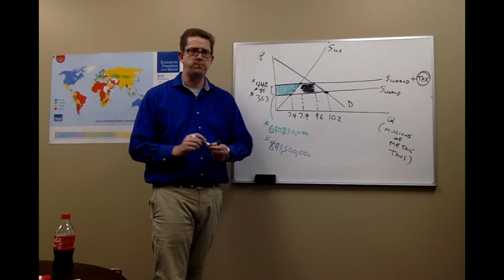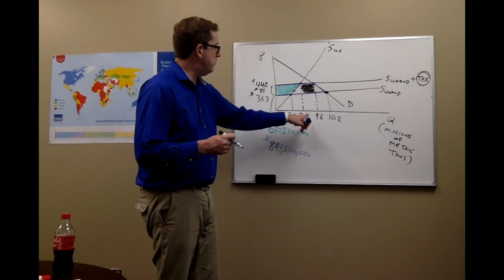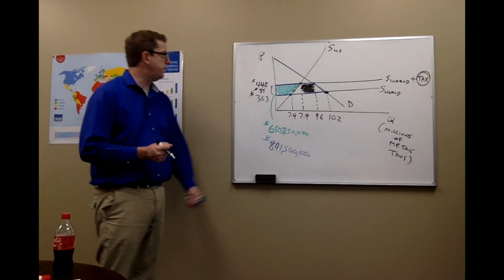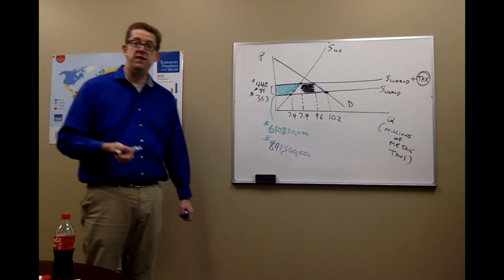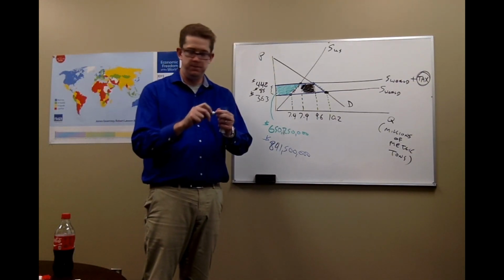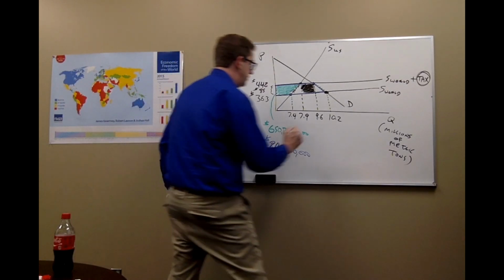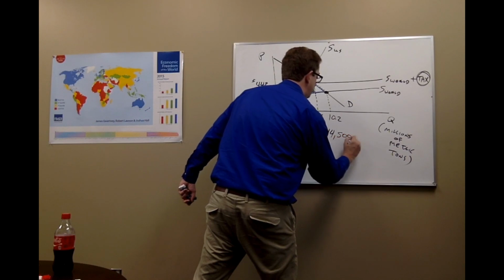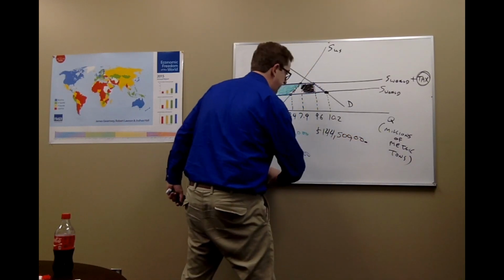Here, Americans are now importing 1.7 million metric tons of steel, paying a tariff of $85 per metric ton. This gives the government revenue of $144,500,000.